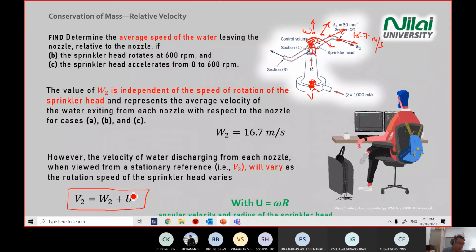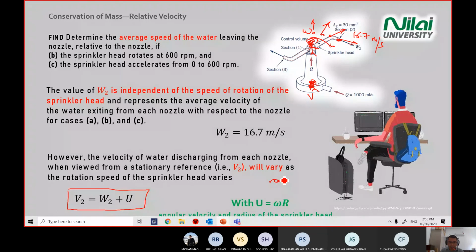So in this case, your VCV is U. U you calculate from omega times R. Omega is the angular velocity, usually in radians per second. R is the radius, the distance.